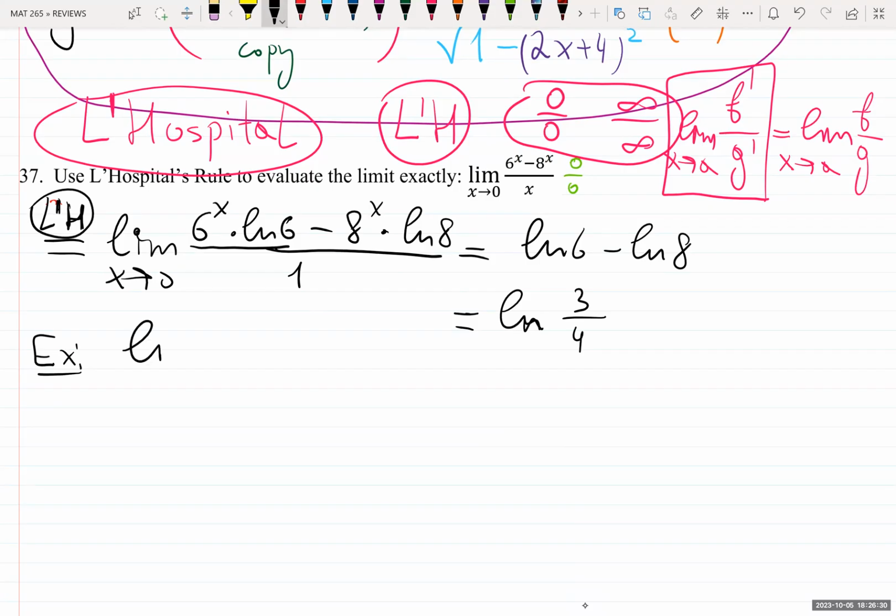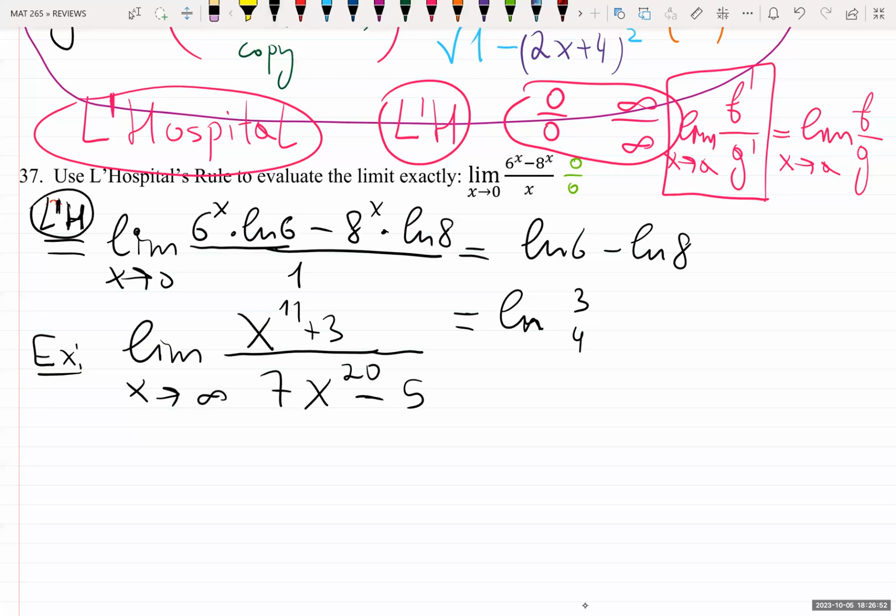Limit as x approaches infinity. I wanted to have 2 examples, one with 0 and one with infinity. X to the 11 plus 3 over 7x to the 20 minus 4. Excellent.